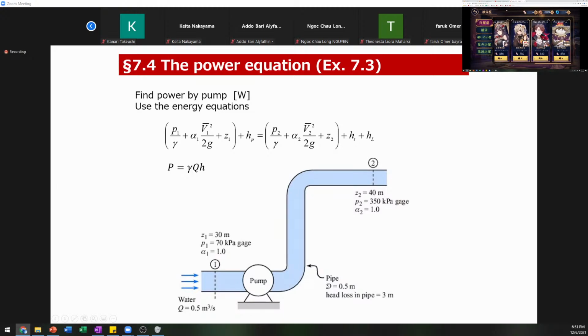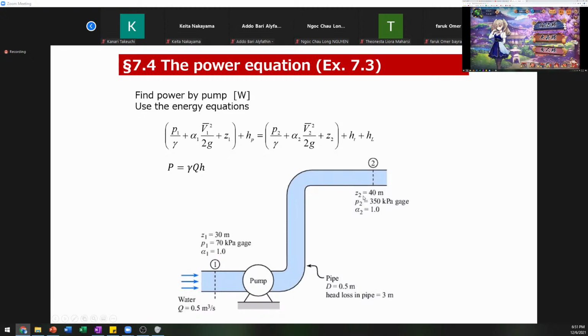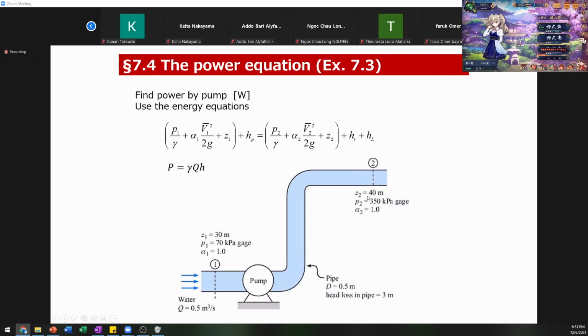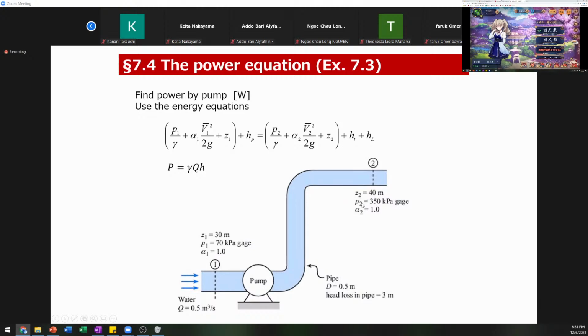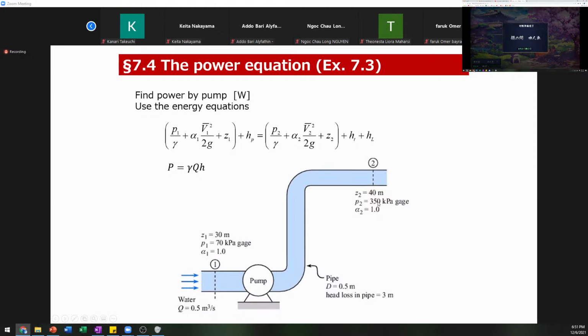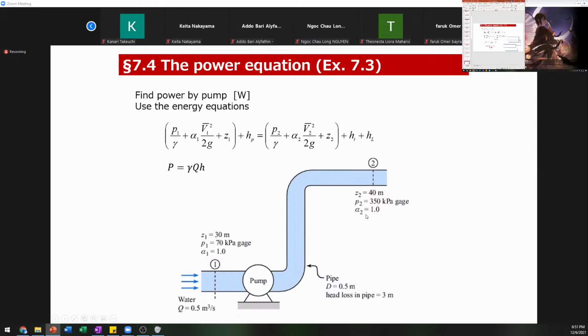The pipe has the diameter of 0.5, and loss of head in pipe is 3 meters. And at position 2, Z2 is equal to 40 meters, and P2 is 350 kilopascal gauge, and alpha 2 is also 1.